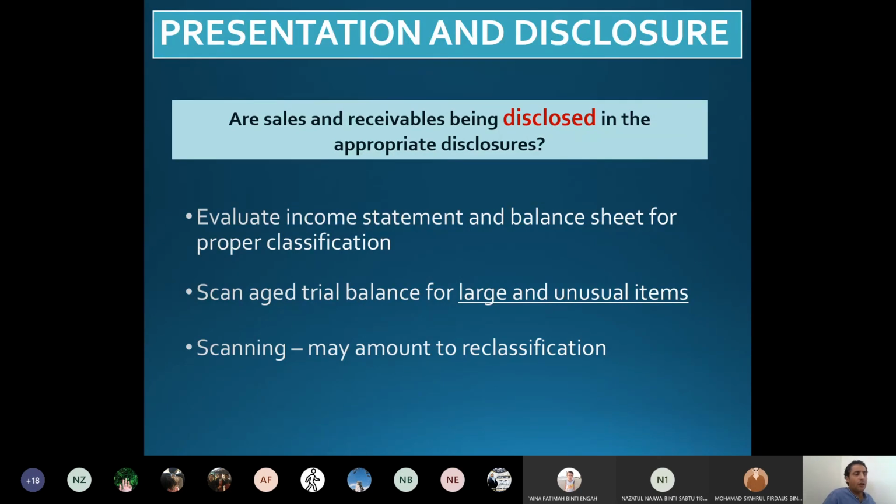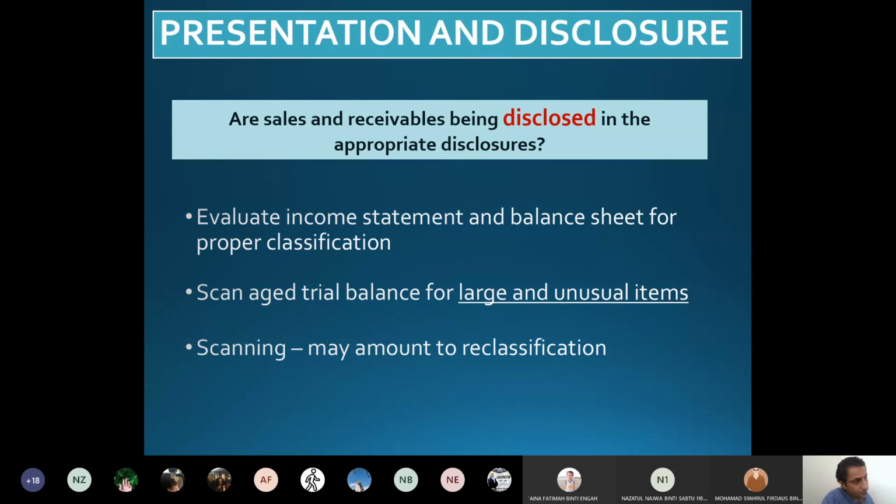Overall, we need to understand that for each accounting cycle, we should do these steps. Number one, we first need to understand the functions and activities in that accounting cycle. In sales revenue and cash receipts, the functions are: first the customer order, then the sales order, then the credit limit check, and then the shipment.